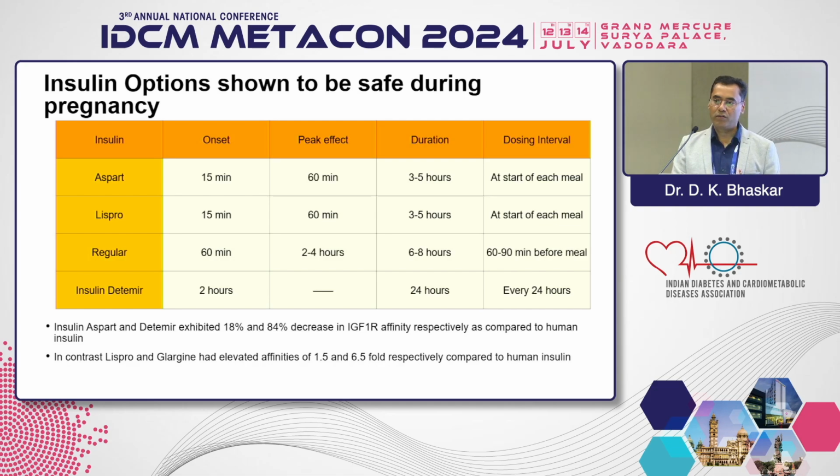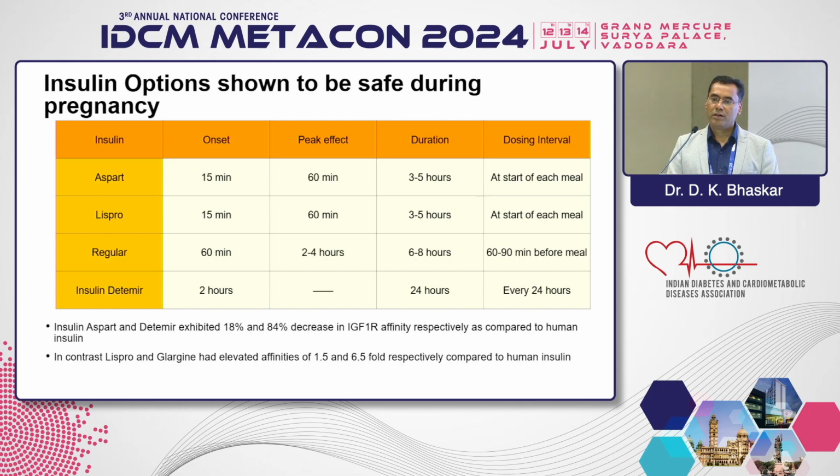The onset of insulin analogs, we know, is faster, the peak is early, and the duration of action is also less as compared to regular insulin. NPH has a 6 to 8 hour action profile. But the insulin detemir is a peakless insulin. These are the approved insulins in the management of GDM.